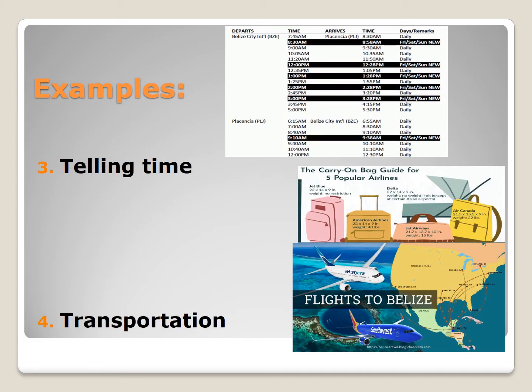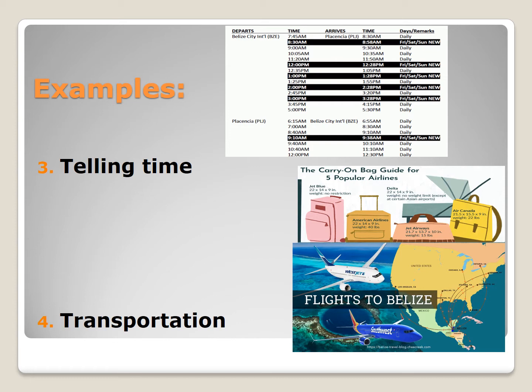Other examples of the importance of measurement, guys, is telling time. For example, you would like to know how long it takes to reach from destination A to destination B in order to better prepare for that trip. The fourth example, guys, is transportation.